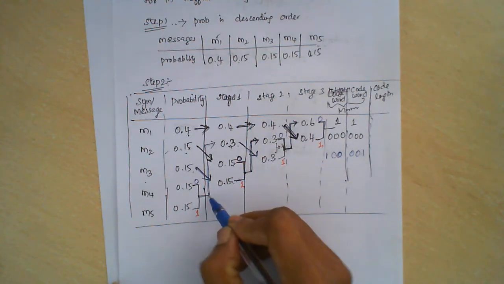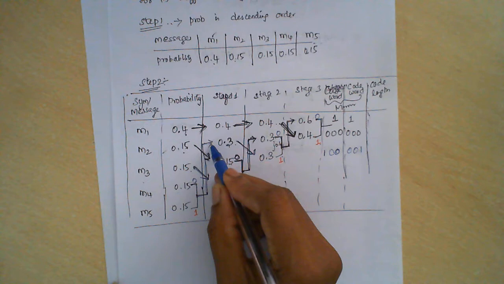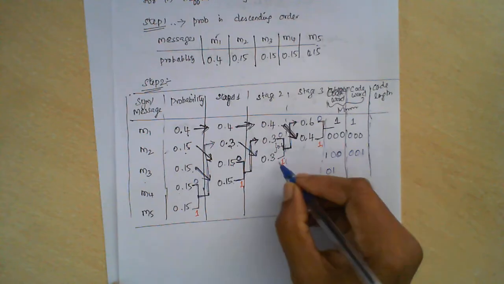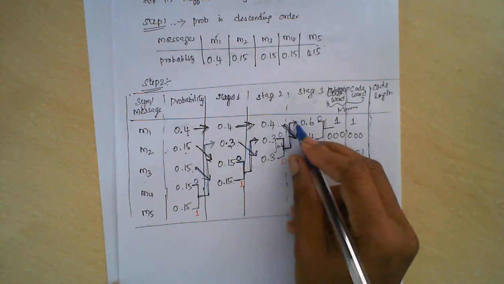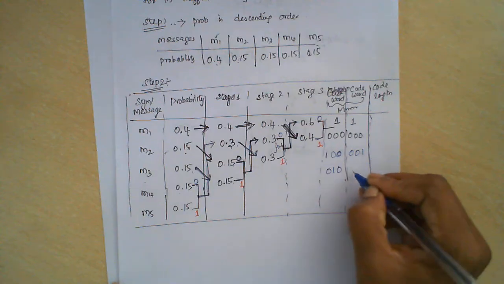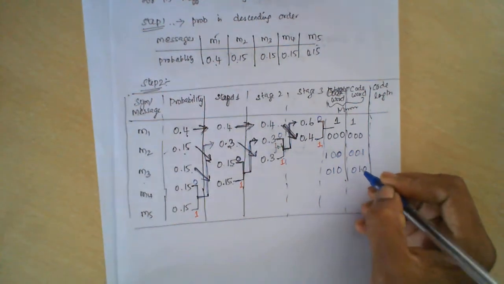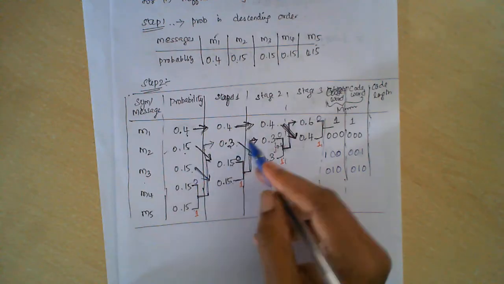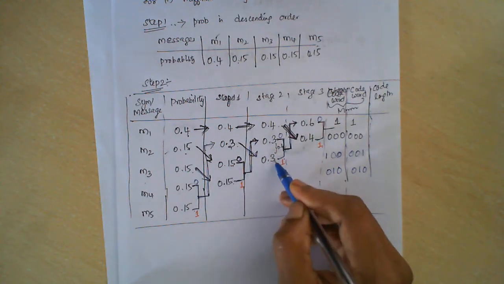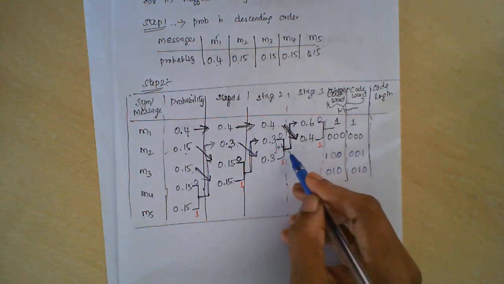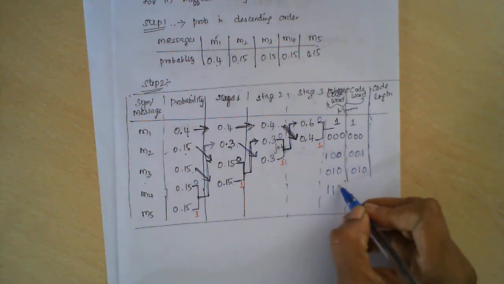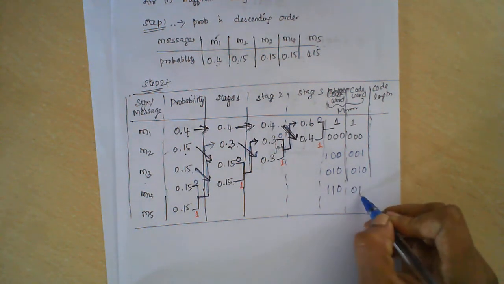So it is 0, going up, then coming down, so 1, and again going up, so it is 0. So it is 0, 1, 0. Next is the last bit, it is tracked as 1. Coming down, the value is 1 again, then going up, so 1, 1, 0, and the mirror image is 0, 1, 1.